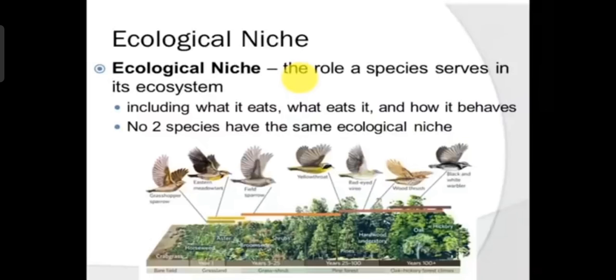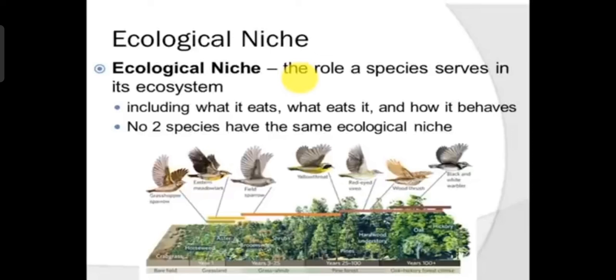Second term that we all should understand is a niche. What is a niche? Ecological niche is the role a species serves in its ecosystem, including what it eats, what eats it, and how it behaves, right? So no 2 species will have the same niche.